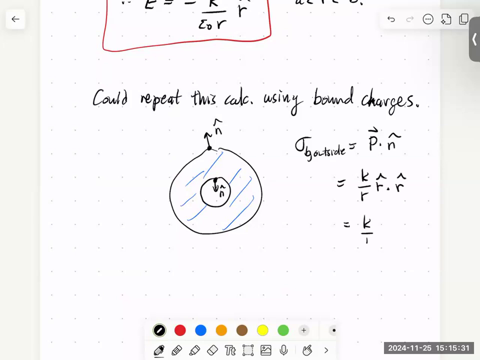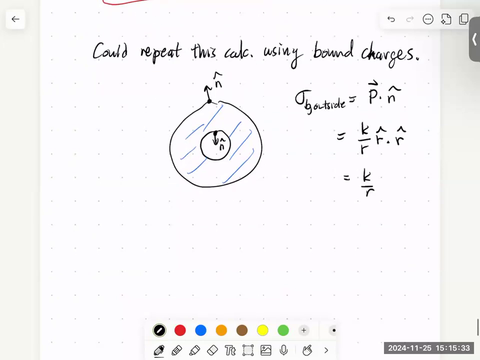It's just going to be K over R. Okay, so sigma B inside will be P dot N hat, which will be K over R hat dotted with minus R hat, and that's pointing inwards in this case. And so that's going to be minus K over R.